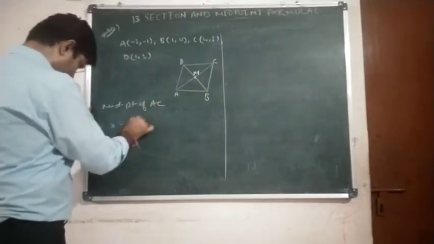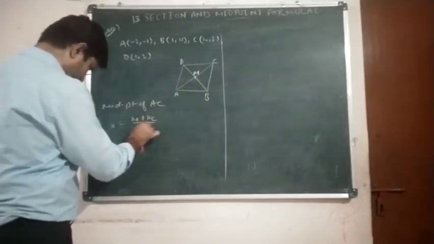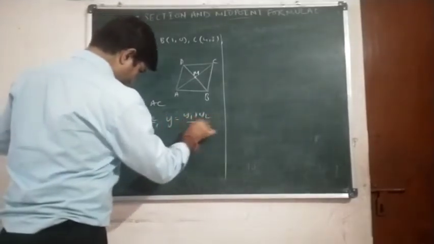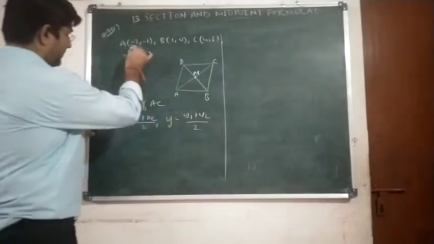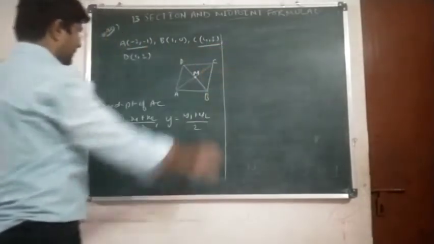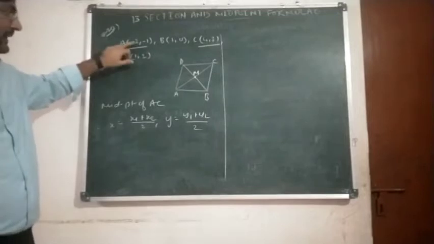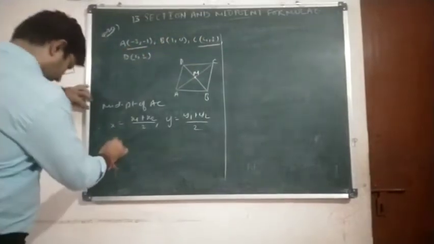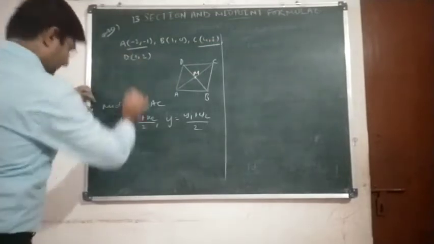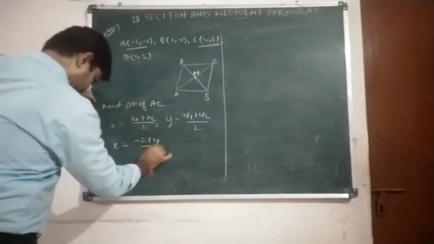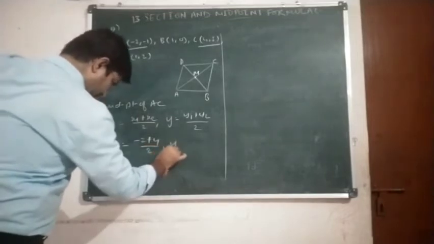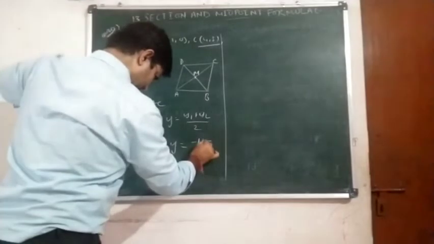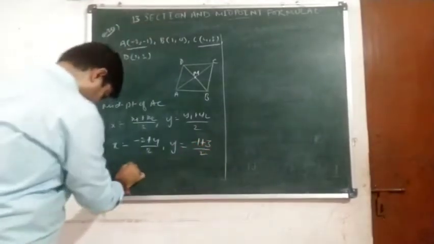Okay, x is equal to (x1 plus x2) by 2 and y is equal to (y1 plus y2) by 2. We have to find the midpoint of A and C. So in that case, coordinates of A are (x1, y1) and coordinates of C are (x2, y2). Therefore x is equal to (minus 2 plus 4) upon 2 and y is equal to (minus 1 plus 3) upon 2.